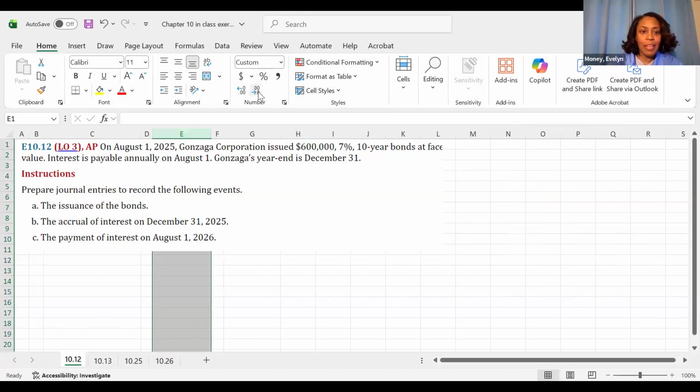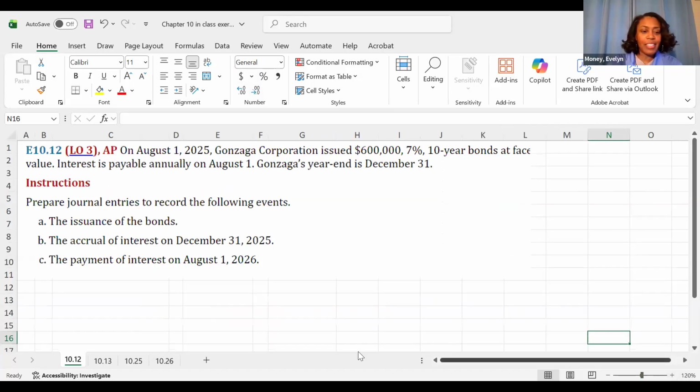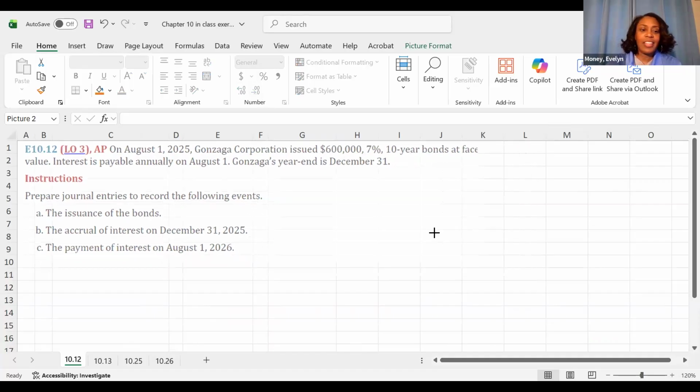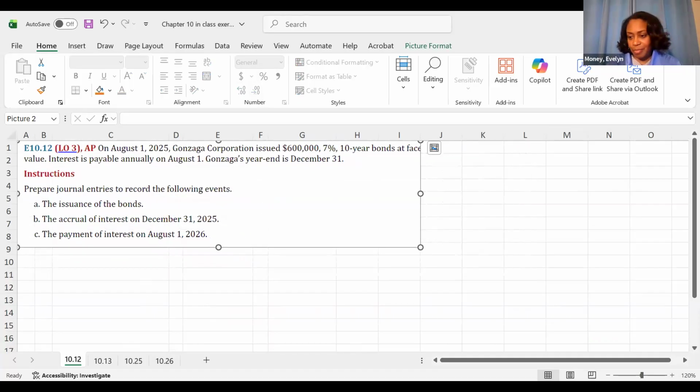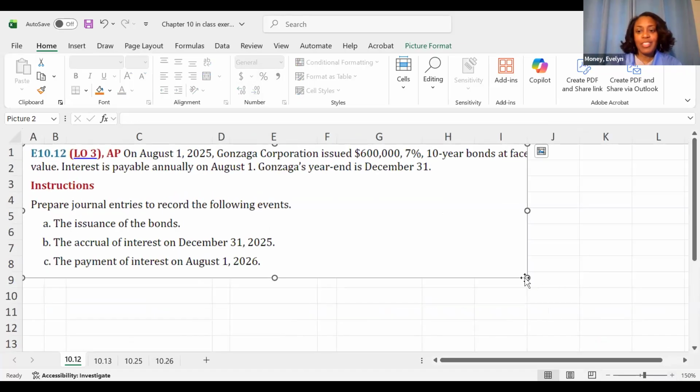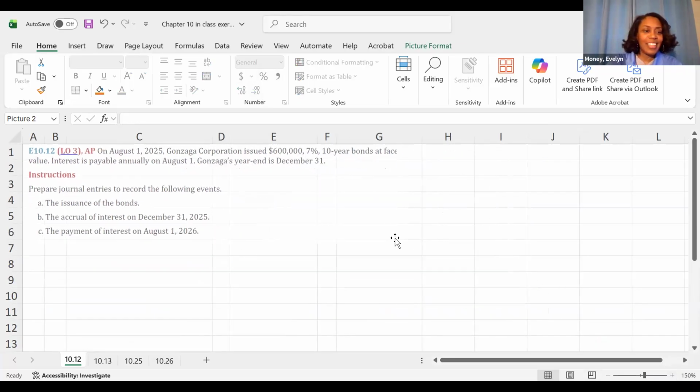Format that to be a comma, and format that one as comma as well. And let me make this bigger because I can't see it, even though it's right in front of my face. Now that's too big. I definitely should have done this beforehand. All right, here we go.